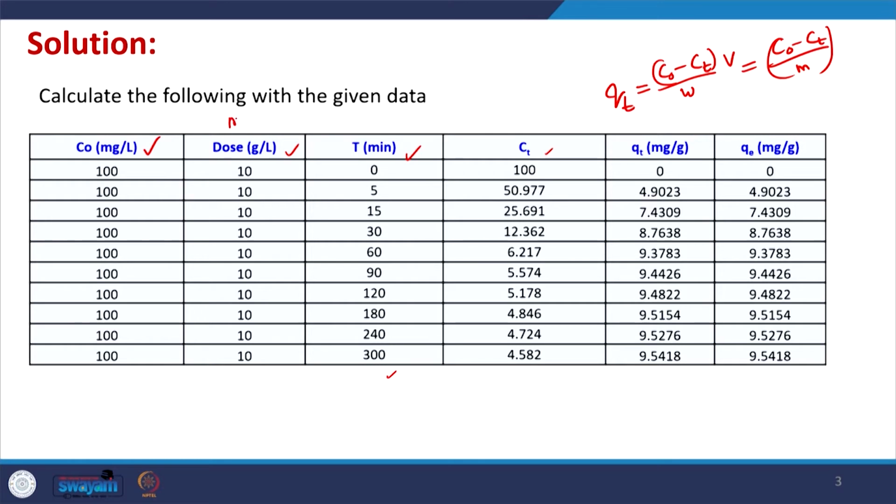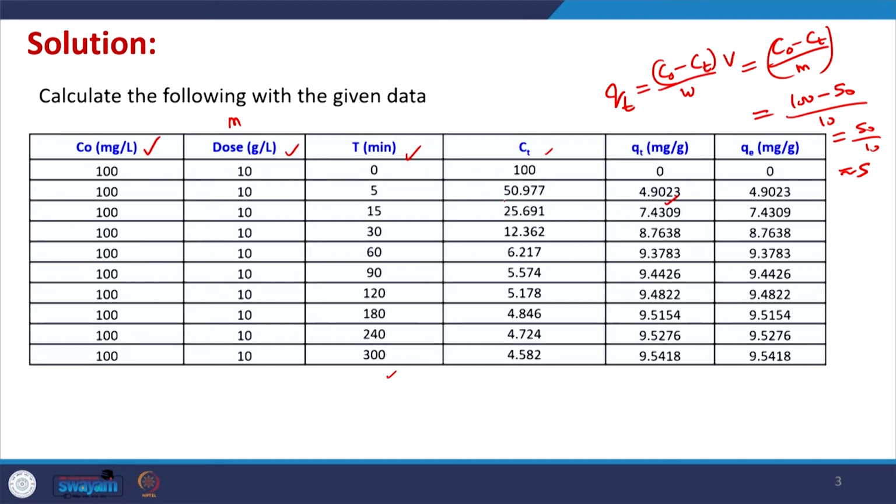So, for the first case, suppose I am taking only 50, then 100 minus 50 upon 10, which is 50 by 10, that means around 5.